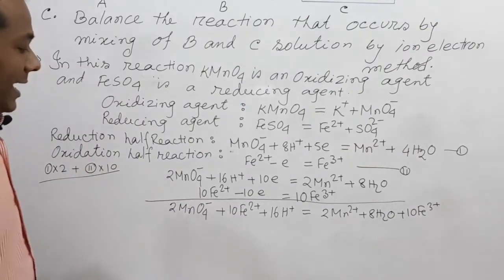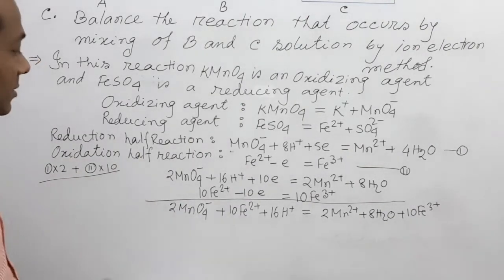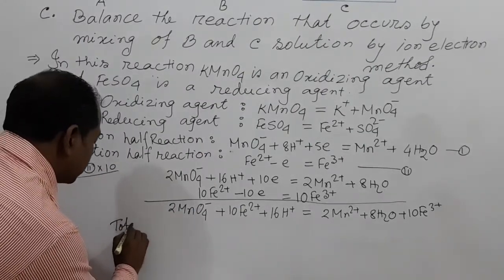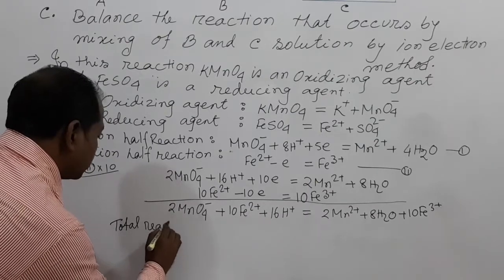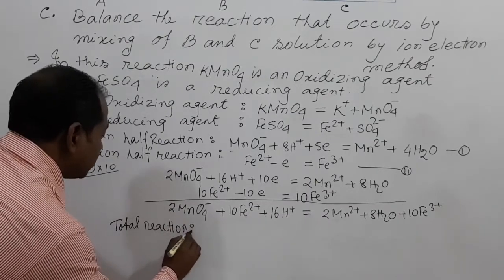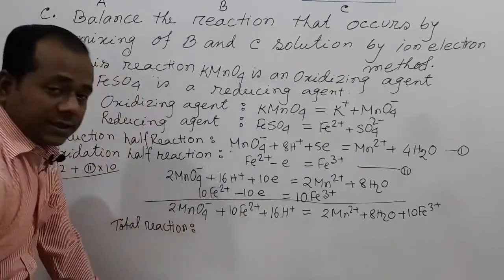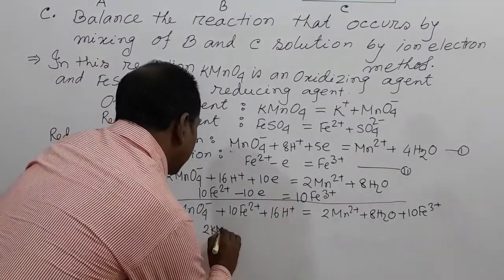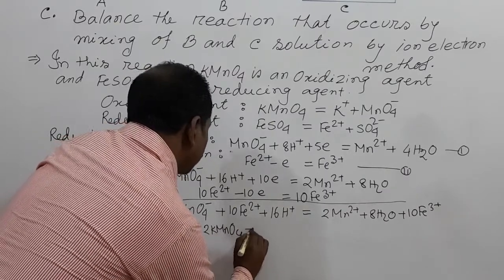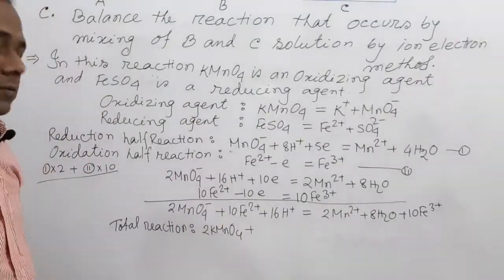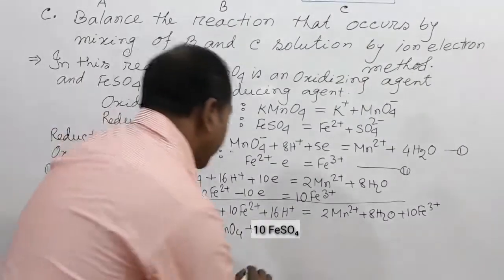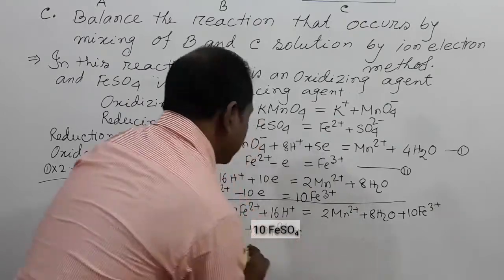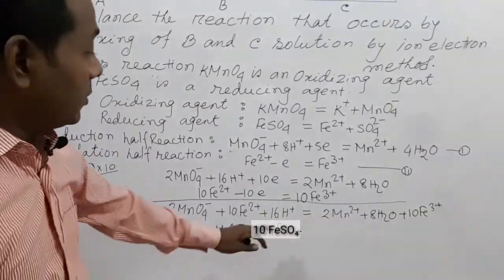Now we add the spectator ions in this reaction, and that is the total reaction. The permanganate ion comes from potassium permanganate, so we write 2KMnO4 plus 10 Fe2 plus comes from ferrous sulfate, so 10FeSO4, and this hydrogen ion comes from acid.